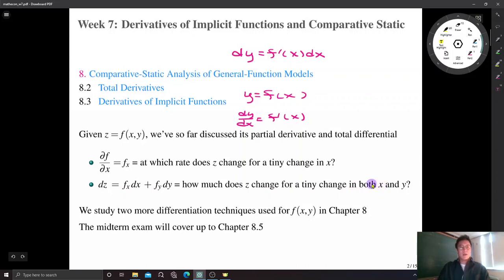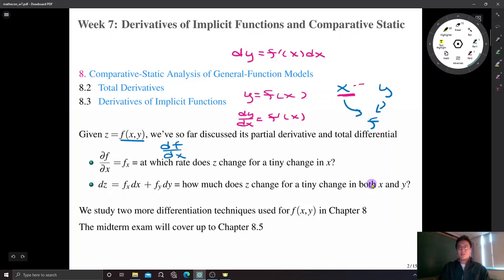So when f depends on x and y, we can define df over dx. The situation is like this. We have two variables, and both influence function f. Now we change x only, but in fact there is a hidden channel between x and y. A change in x induces a change in y.